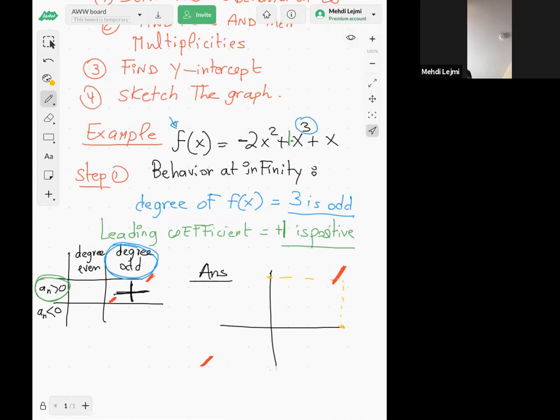And when x is at negative infinity, y is at negative infinity.